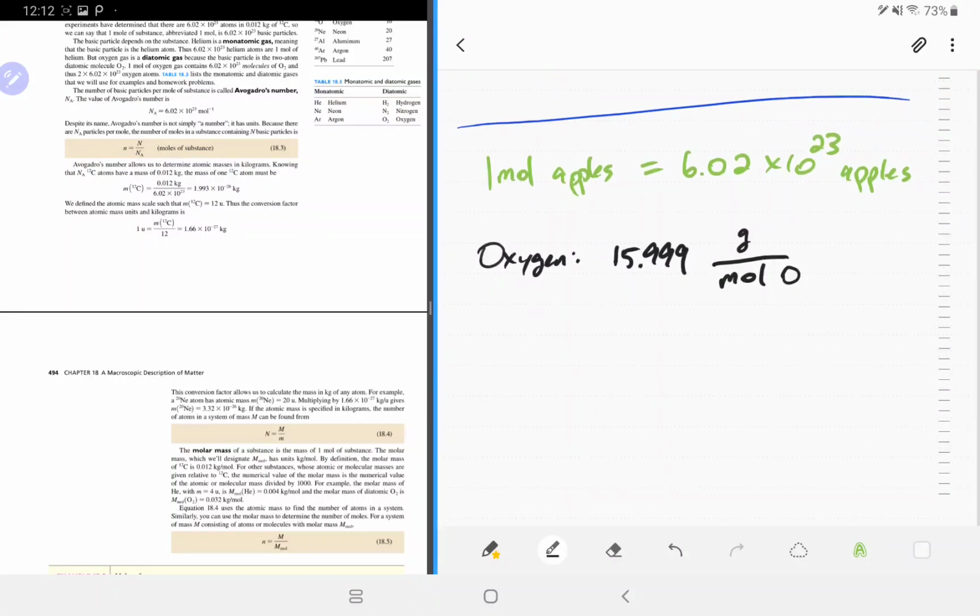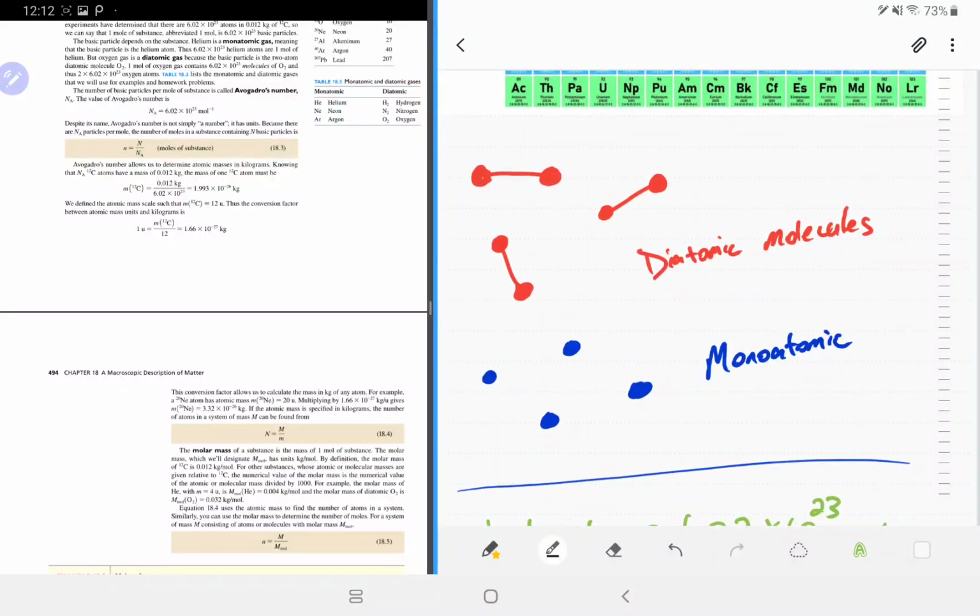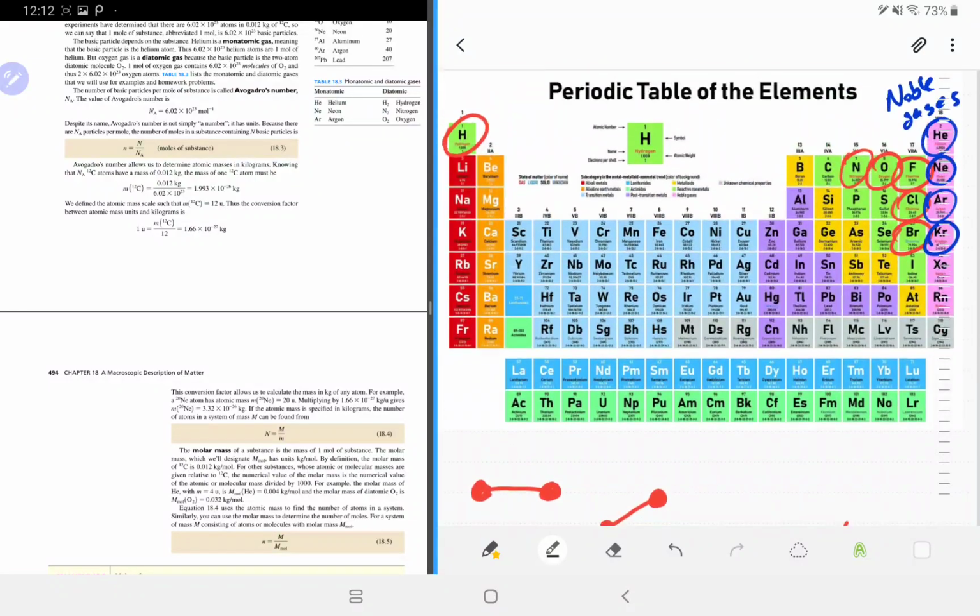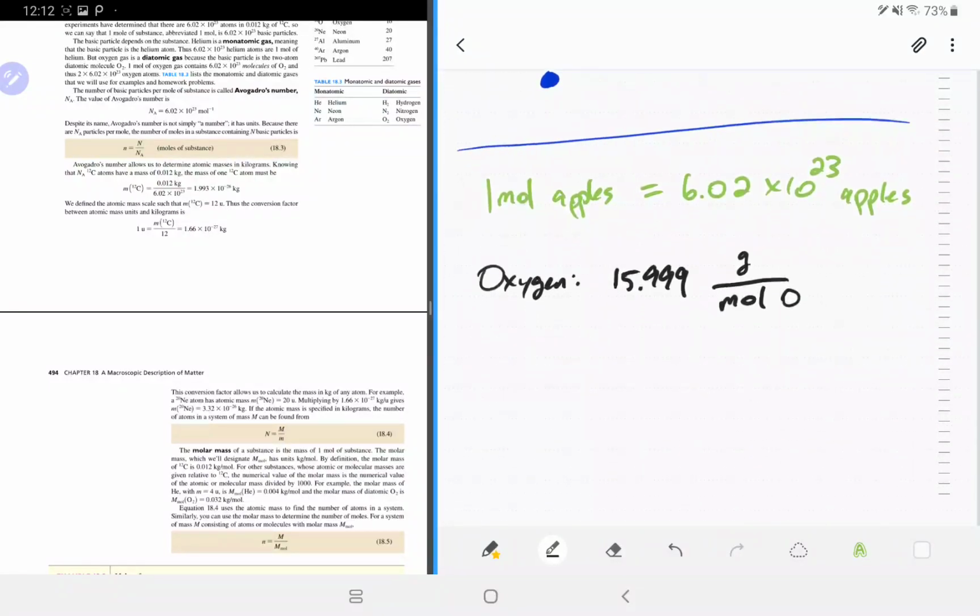But oxygen exists as O2. Oxygen is a diatomic molecule. All of these things in red are diatomic molecules. So if you have 1 mole of O2, the way we would convert that to a weight is to say, for every 1 mole of O2, it's going to weigh twice as much as 1 mole of O, right? If they're paired up, then this should weigh 32.0 grams.